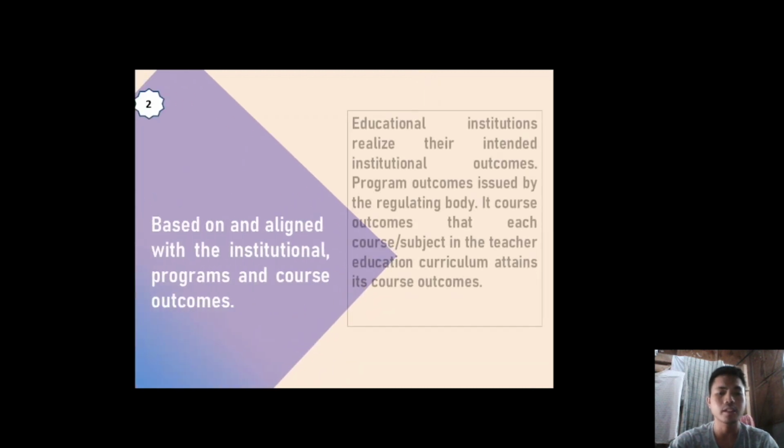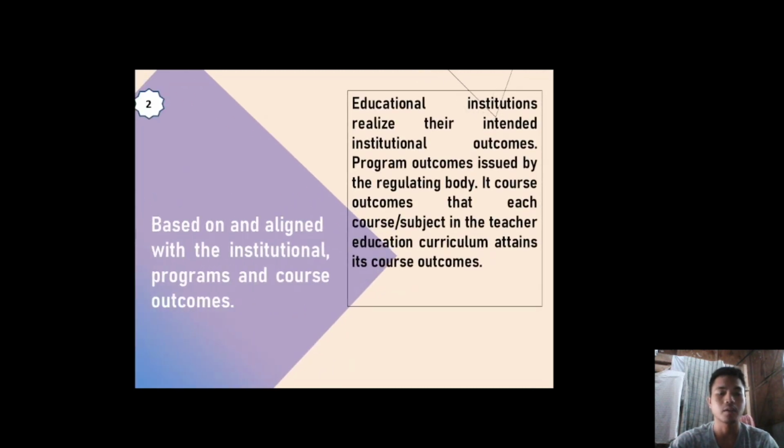The second characteristic of good learning outcomes is that they are based on and aligned with the institutional, program, and course outcomes. Educational institutions realize their intended institutional outcomes, while program outcomes are issued by the regulating body, and each course or subject in the teacher education curriculum attains its course outcomes.